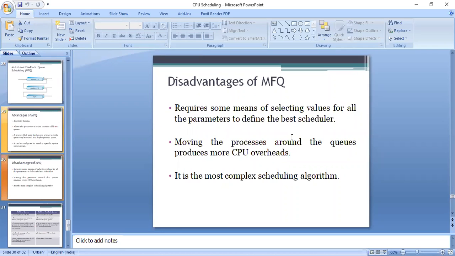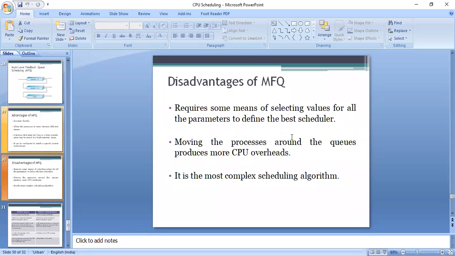We need to spend a lot of time deciding which algorithm to use at what level, and what would be the mix of algorithms. Like in this example, we have implemented round robin and first come first serve at different levels with different quantum numbers. So for different tasks, the needs would be different, so we have to consider the needs as well.